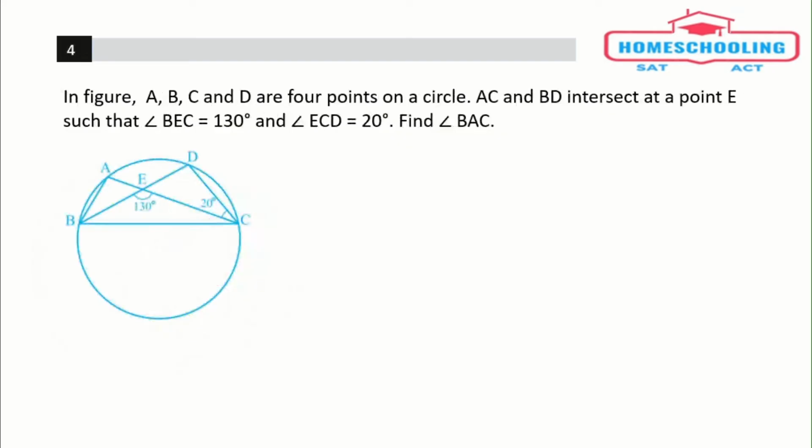Now moving to the next question. In the figure, A, B, C, D are 4 points on a circle. AC and BD intersect at point E such that angle BEC is equal to 130 degrees.